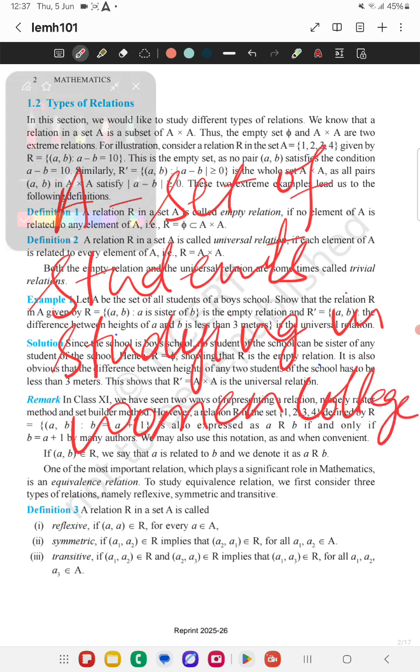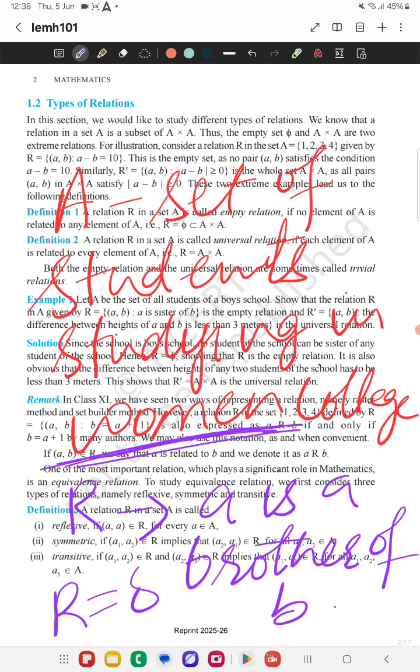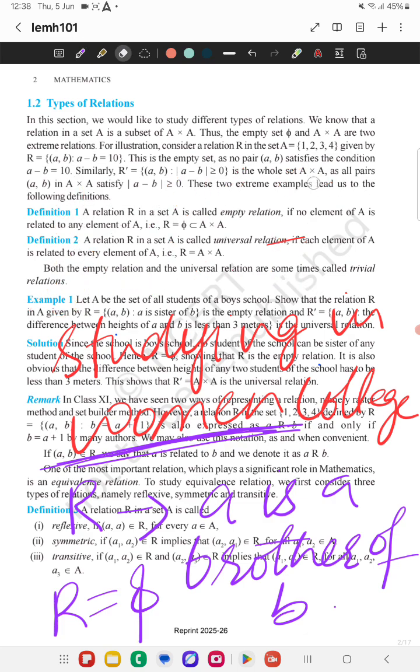And how am I defining the relation? R is defined as: a is a brother of b. As this college is only for women, a cannot be a brother of b. So here again your relation is ϕ. So this is an example of your empty relation.